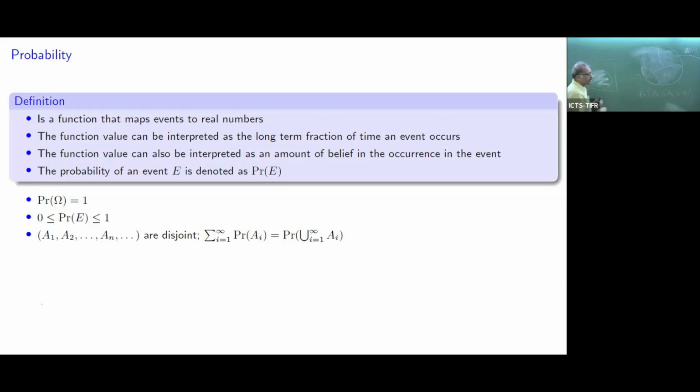So you're trying to ask this question: what is the chance that I will get an outcome from this random experiment which is one of A1, A2 or A3? So it's an event which is made up of the union of A1, A2 and A3.